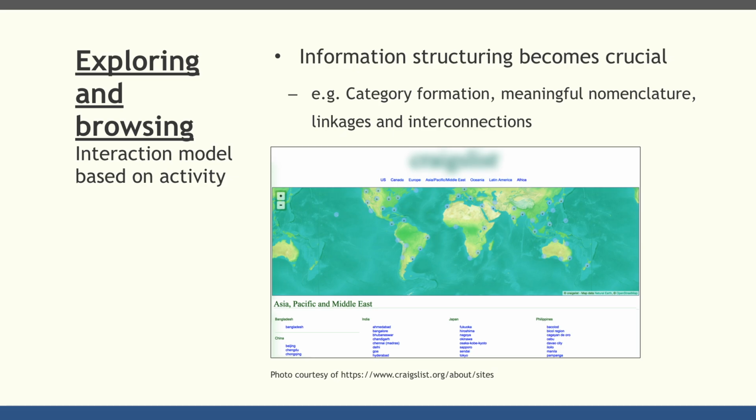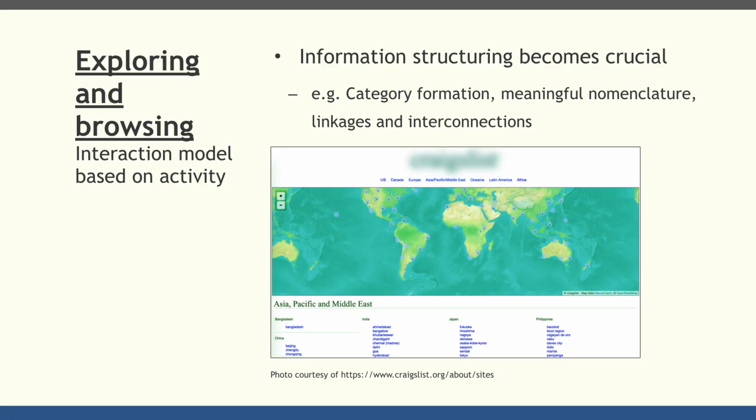So in this interaction model, one of the major activities that an interaction designer needs to perform is information restructuring and organizing. Okay, we also call it information architecture. Categorizing information, meaningful nomenclature, linkages and interconnection across different data points is a very explicit exercise that needs to be performed.